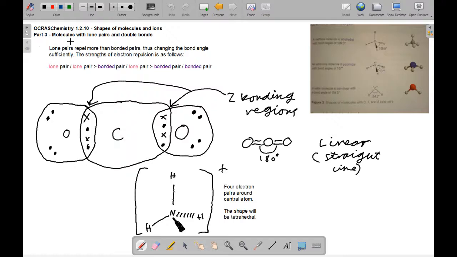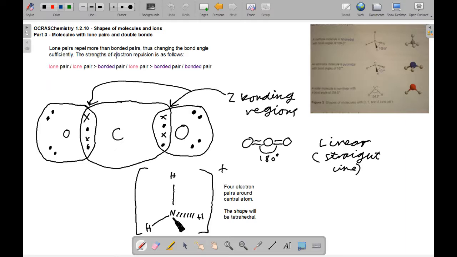So moving on to the next part, molecules with lone pairs and double bonds. So going back to carbon dioxide, 2 bonding regions and 2 lone pairs on each side of the oxygens can form.